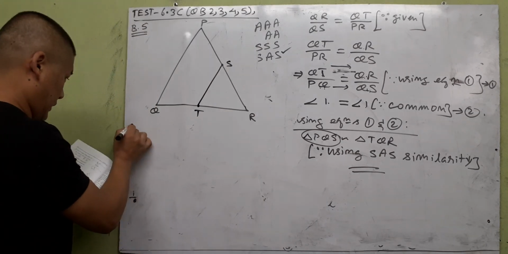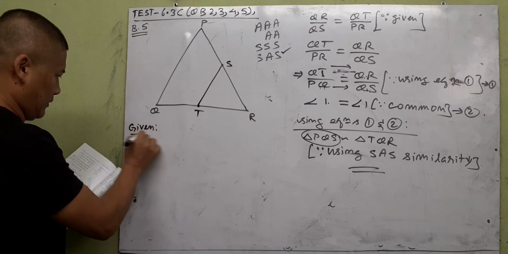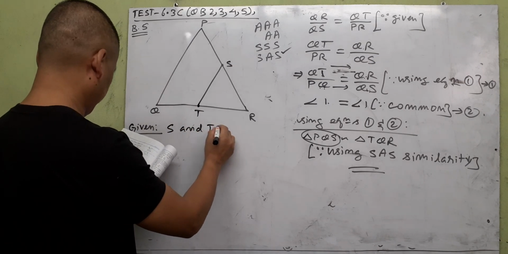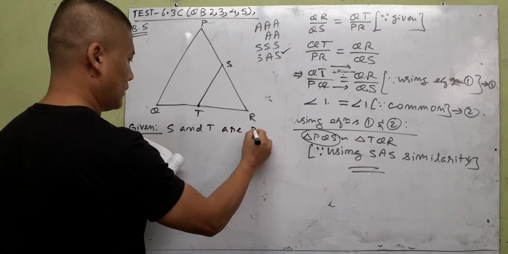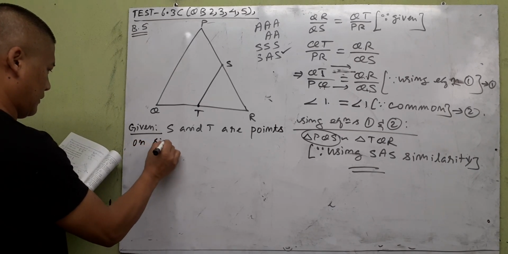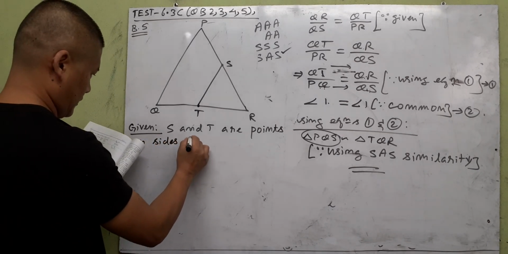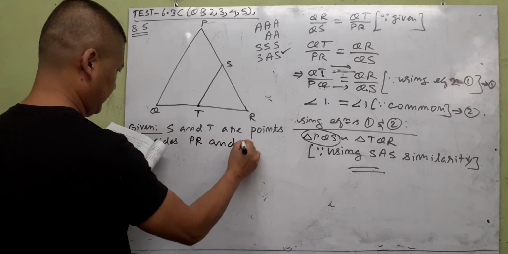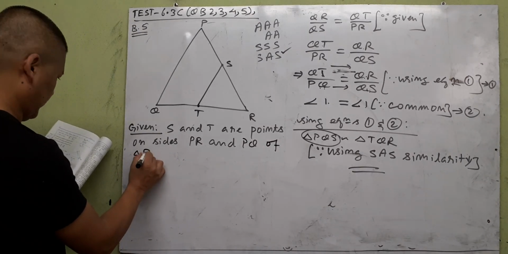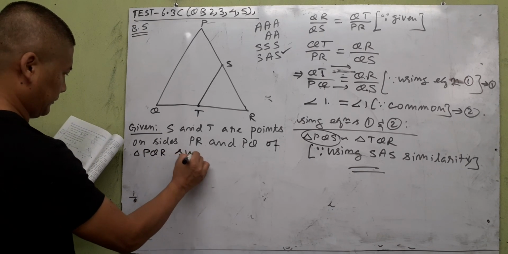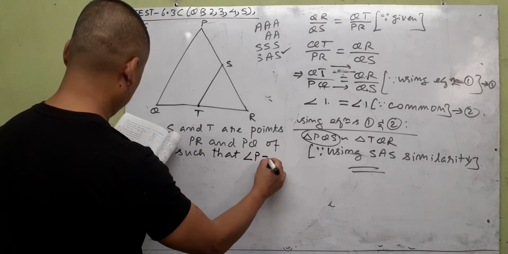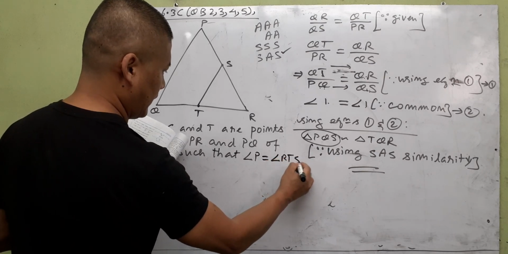Now, write the given information. S and T are points on sides PR and PQ of triangle PQR such that angle P is equal to angle RTS.